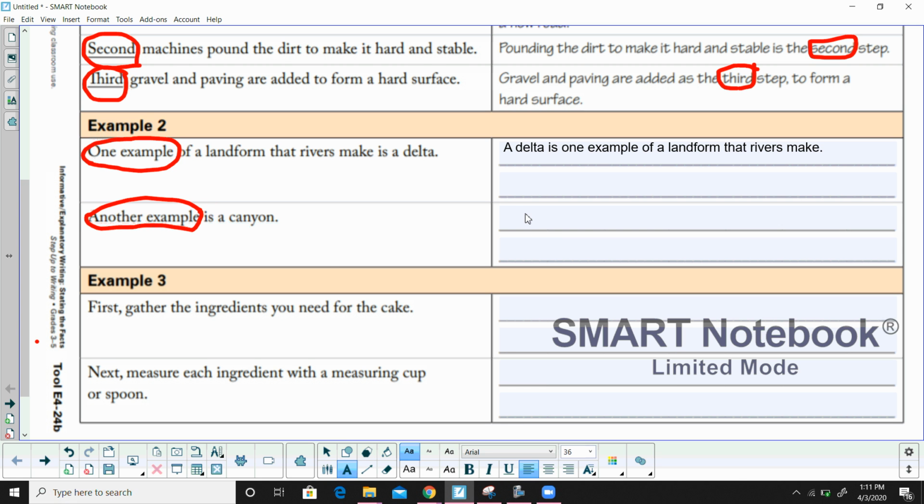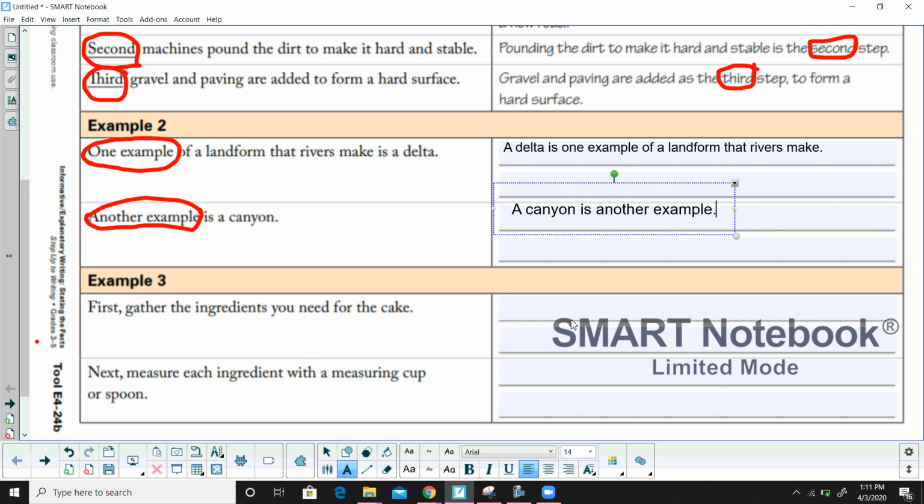So now let's think, how can we say that in a way that is different than just saying another example at the beginning? Well, we could do just what we did above. We could say what the example is and then tell them that that's another one. So, a canyon is another example, or you could just even stop it there.